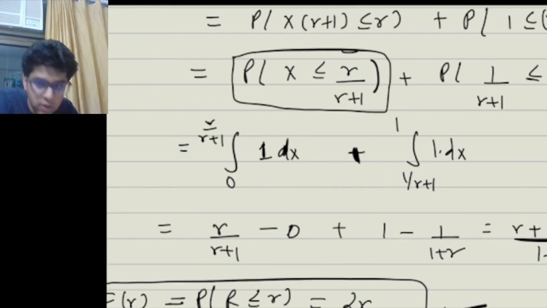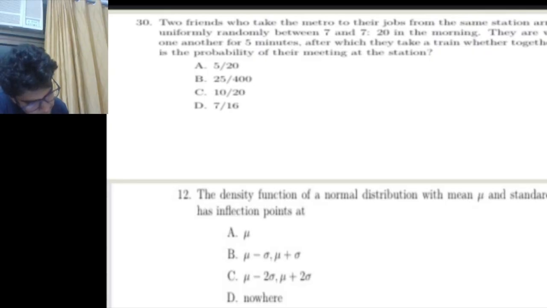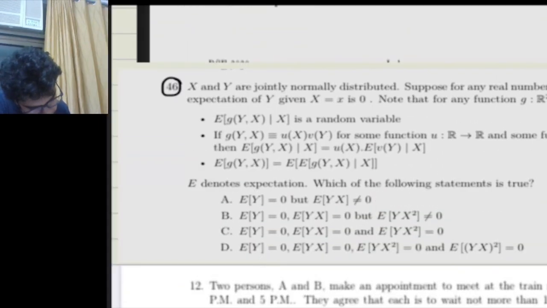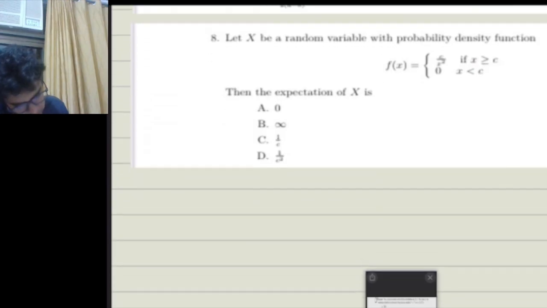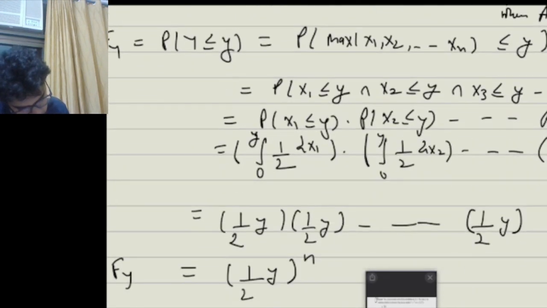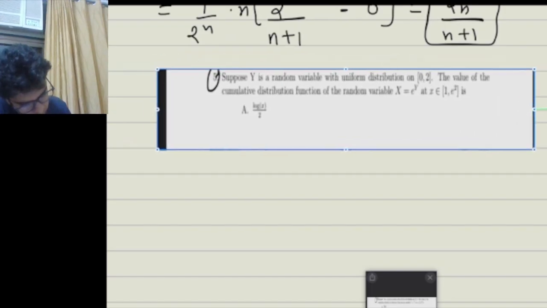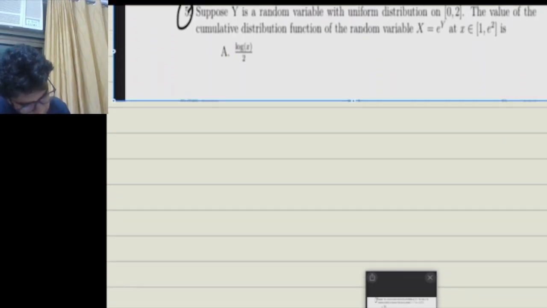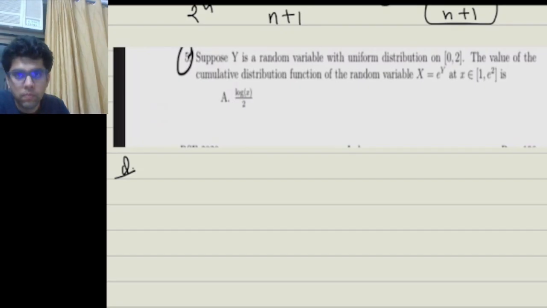Now let us solve the third question. Suppose y is a random variable with uniform distribution on 0 to 2.